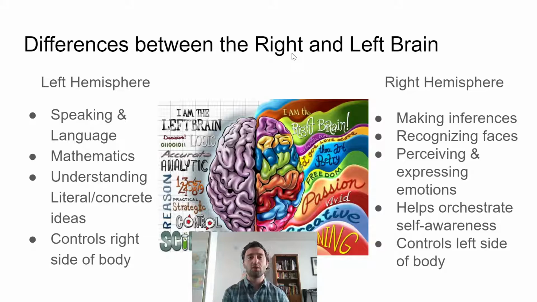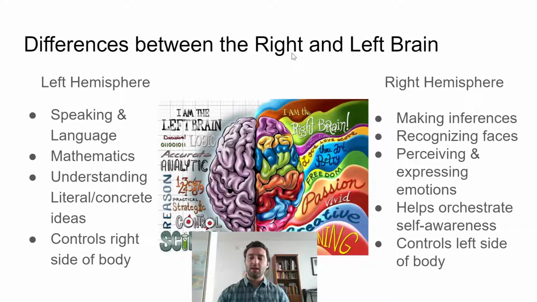In addition, it controls the right side of our body. Remember, as the nerves leave the brain through the spinal cord and go out to the body, they cross over, so the right side of the brain controls the left side of the body, and the left side of the brain controls the right side of the body. So there's that swap. Again, speaking and language, mathematics, and understanding literal, concrete ideas is the left hemisphere.